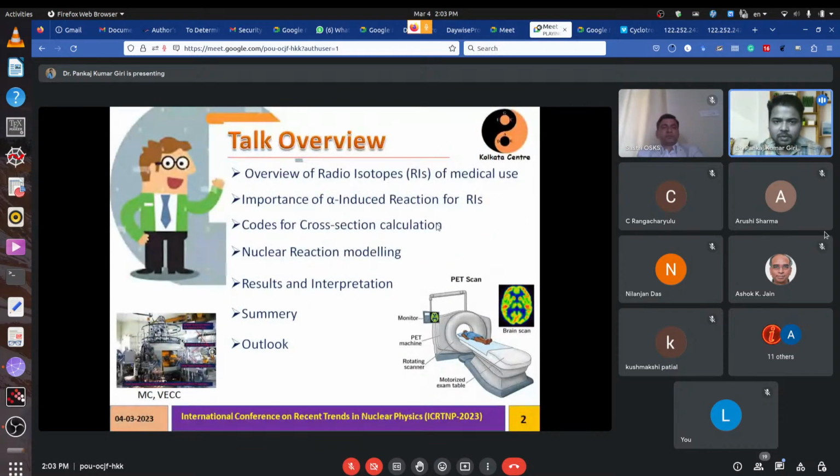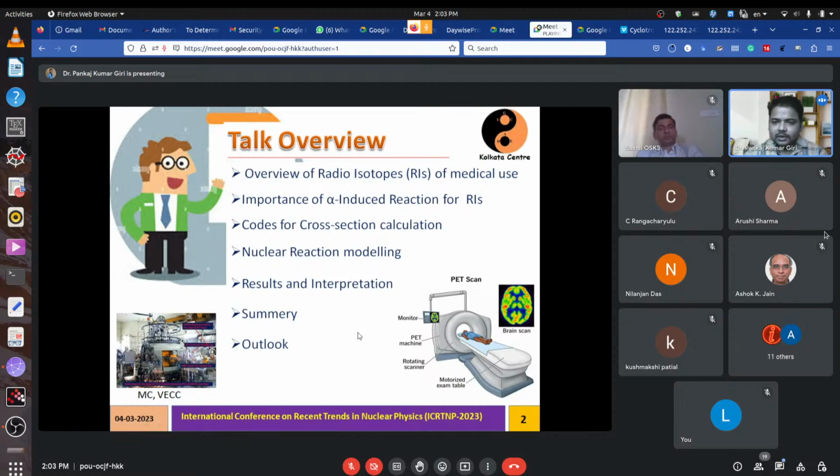So this will be my talk overview. First of all, I'll be talking a little bit about the radioisotopes of medical use, the importance of alpha-induced reaction, then codes for calculation, nuclear modeling, measurement and interpretation, particularly what I designed for this talk, and then I'll quickly summarize my talk and give an outlook for this particular topic.